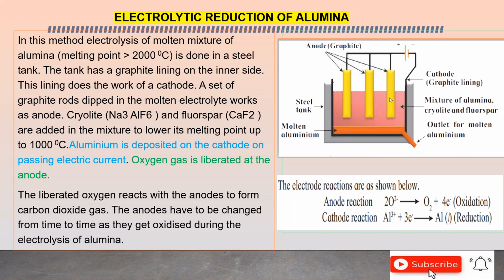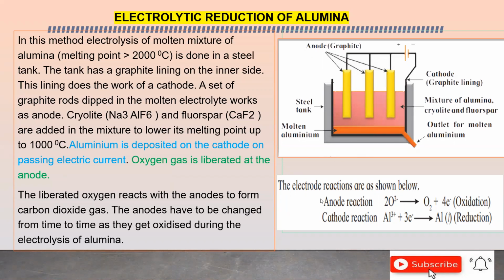Now, oxygen gas is liberated at the anode. This oxygen gas will react with the anode and form carbon dioxide gas. That means the anode will undergo oxidation. Therefore, the anode has to be replaced from time to time during the electrolysis of alumina.